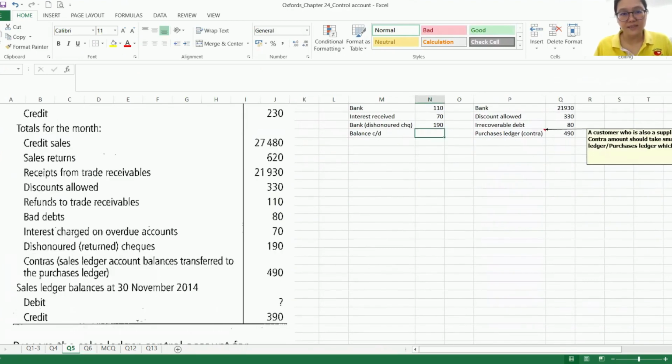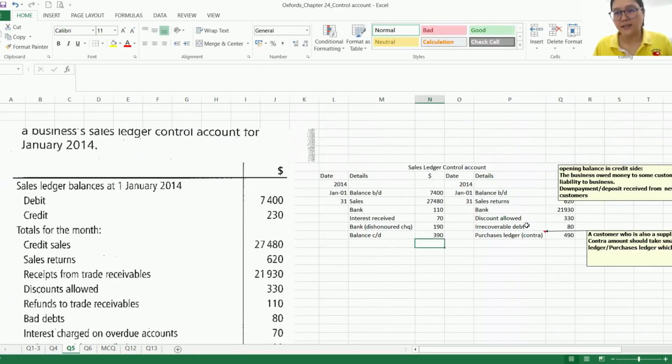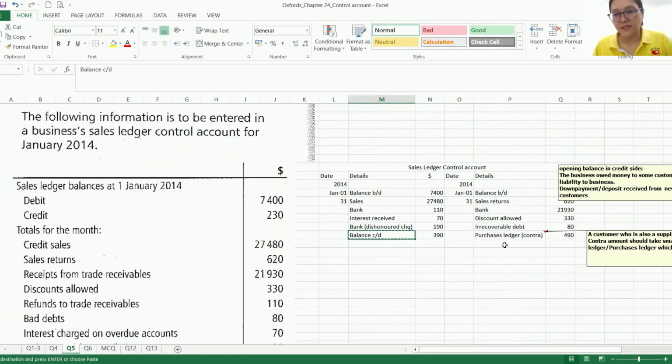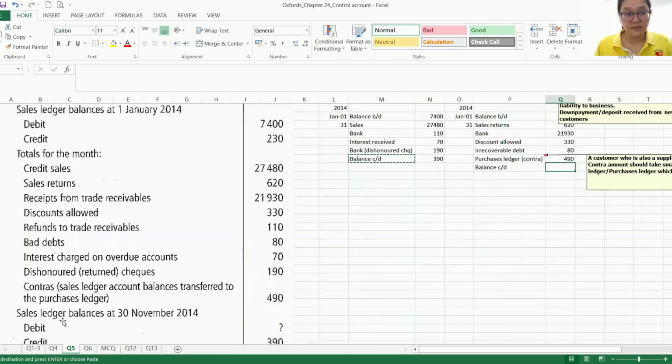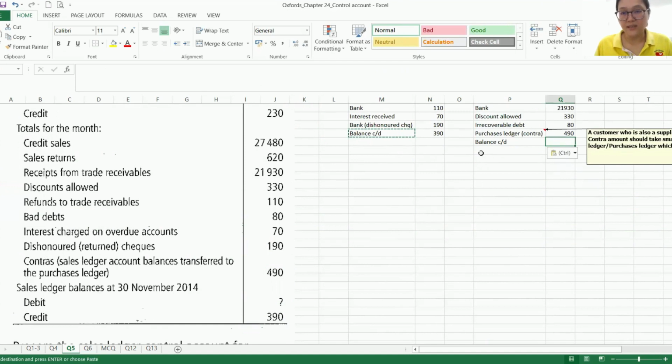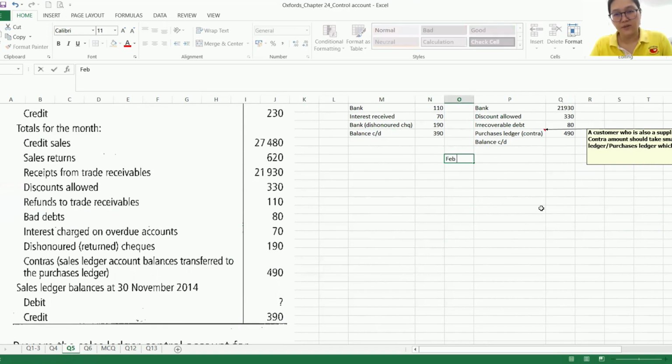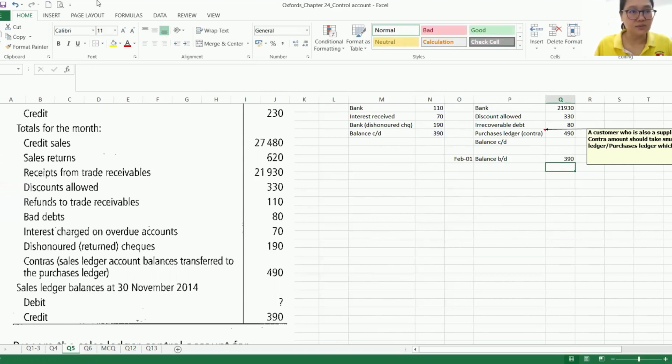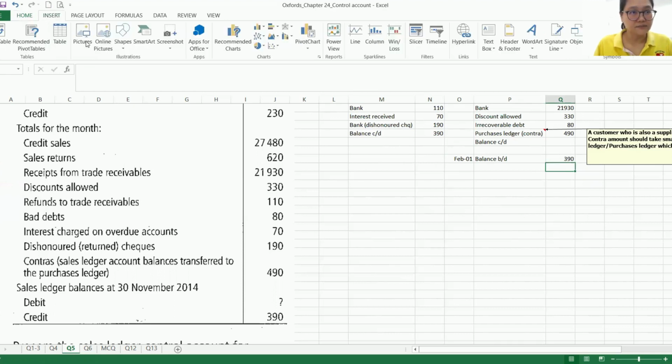They give us the balance carried out 390, but they didn't give us the balance carried out in this side, the credit. This means the credit balance here, 390, refers to this date, February 1st, balance brought down. So this is what they meant, just to put in some highlight.